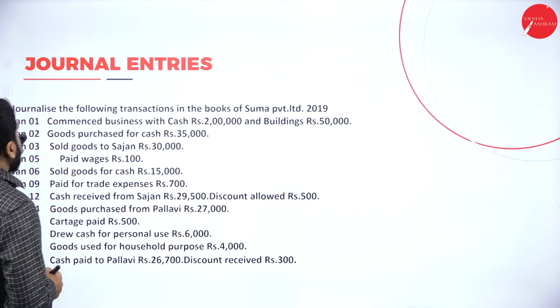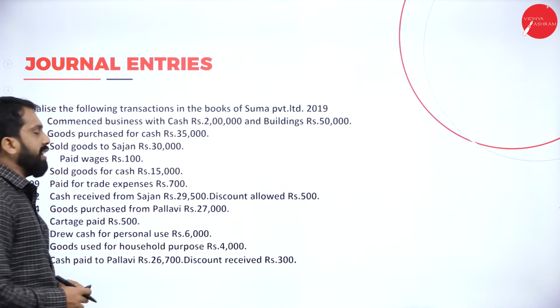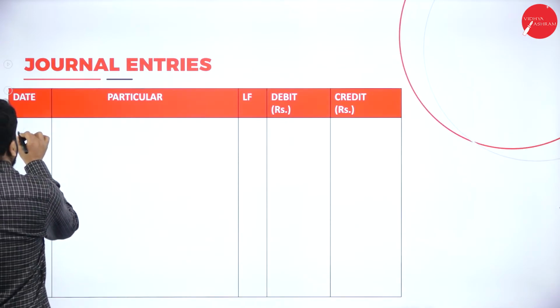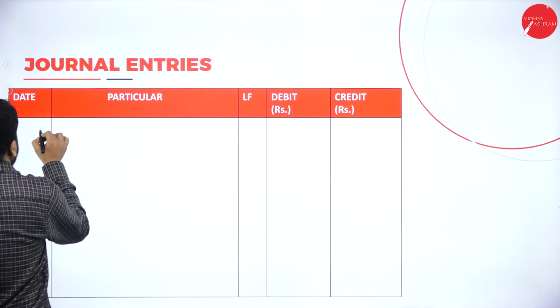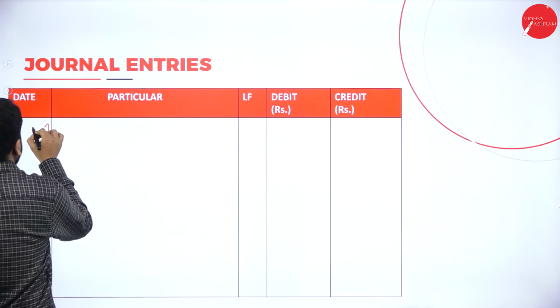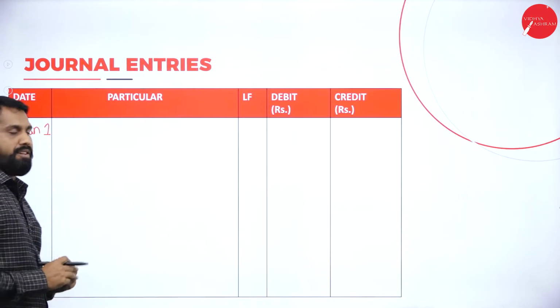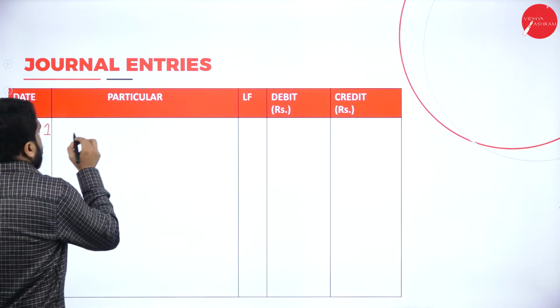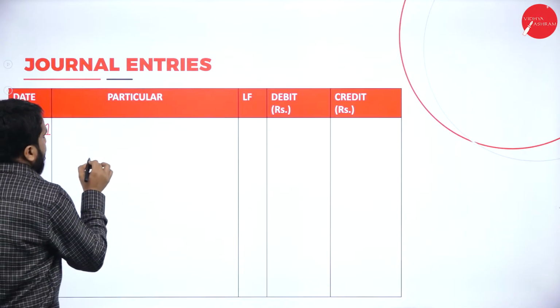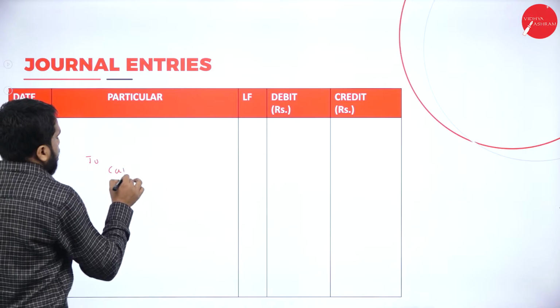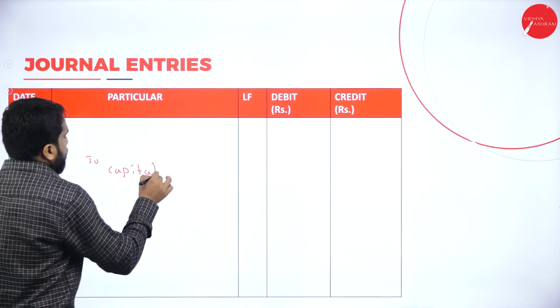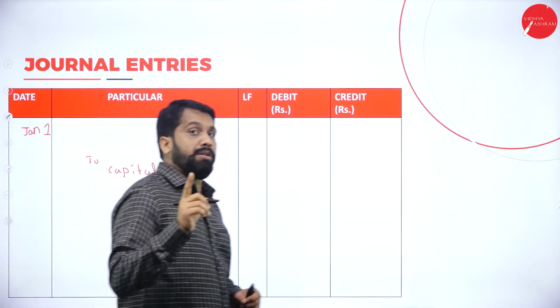What is the date? January 1st. We should write January 1st. In this first two lines, you leave it blank. As you know, capital comes always down.